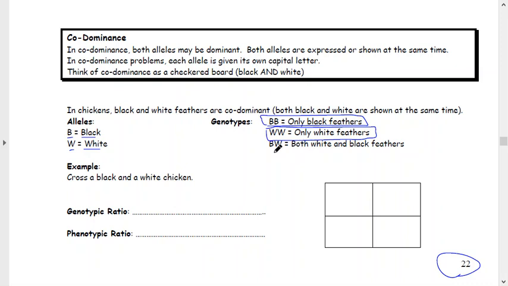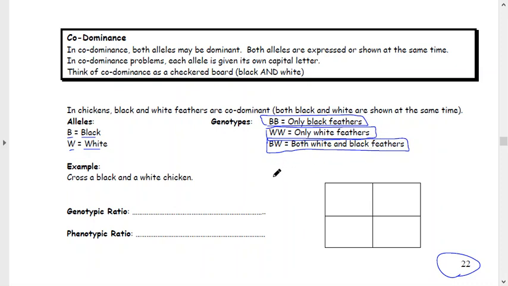And if you have one of each allele, you're heterozygous, notice that you're not gray. If this were an incomplete dominance inheritance pattern, you'd get a mix of these and get like a grayish hue. But you don't. You get individual white and individual black feathers. So rather than a blending of the traits, both phenotypes show up.